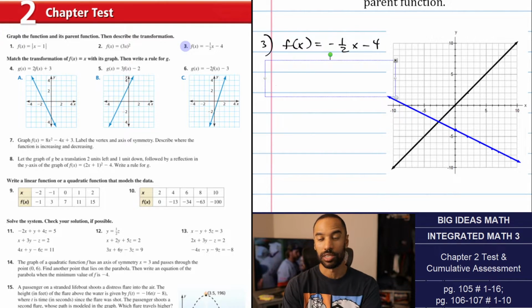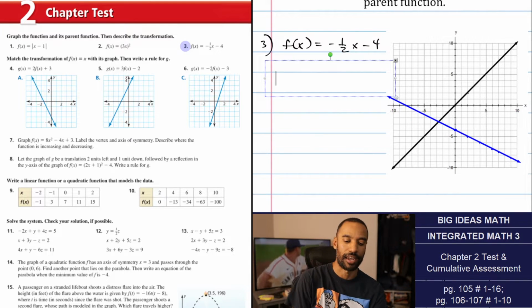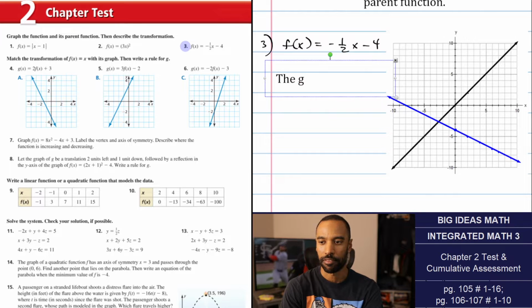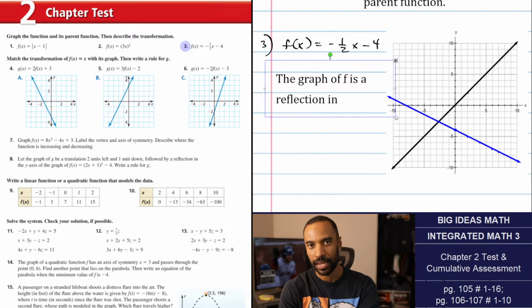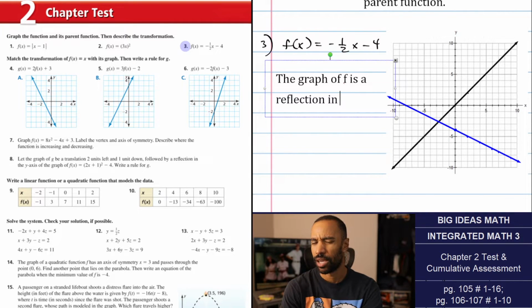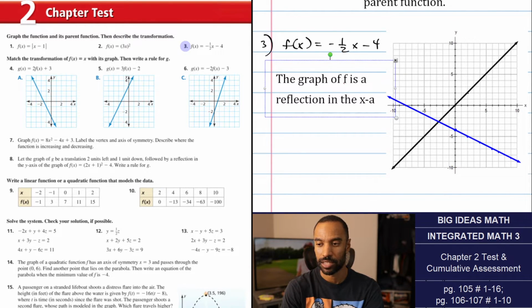One is a reflection. This thing flipped over like that. So the graph of f is a reflection in the x-axis because we are multiplying the negative by x. The negative is multiplied by your function. The black line is y equals x, so we're doing all that. Reflection in the x-axis.